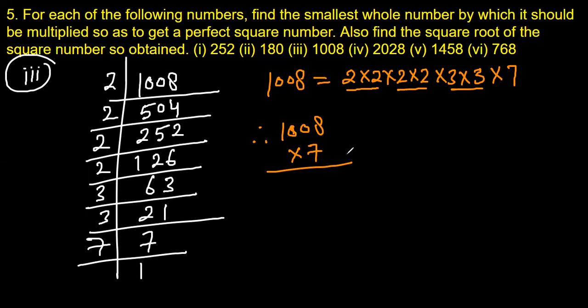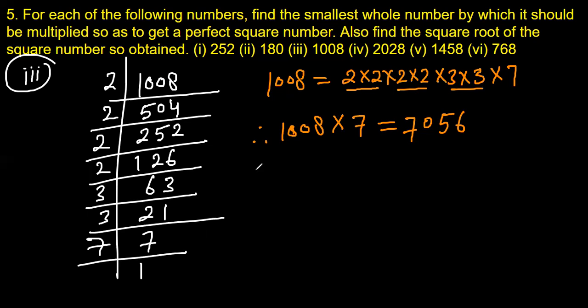So what is that number when we multiply 1008 by 7? Can we write it up there? So 8 7s are 56, 6, 5 0 7 7056.